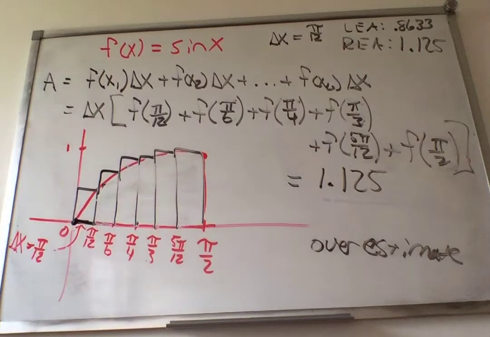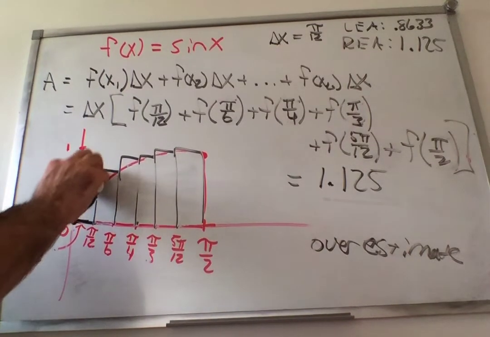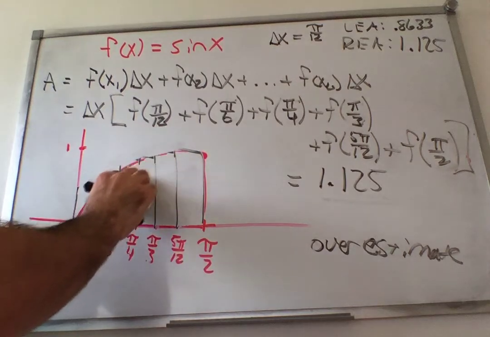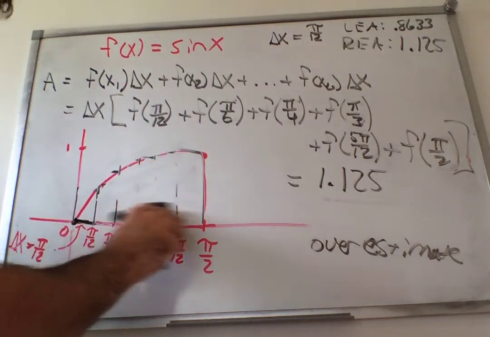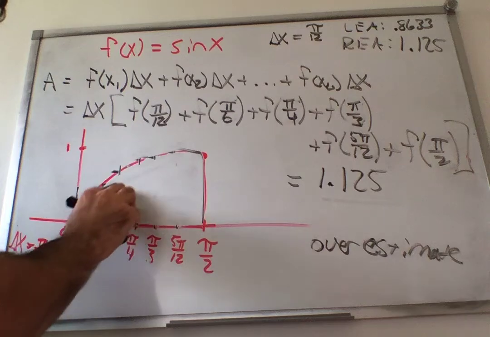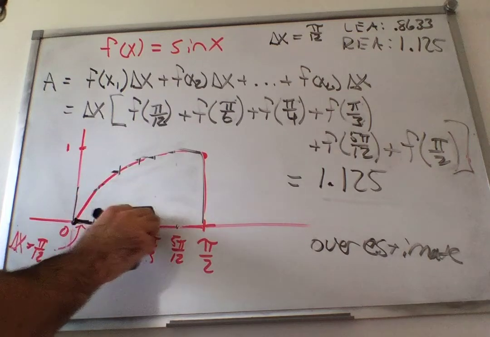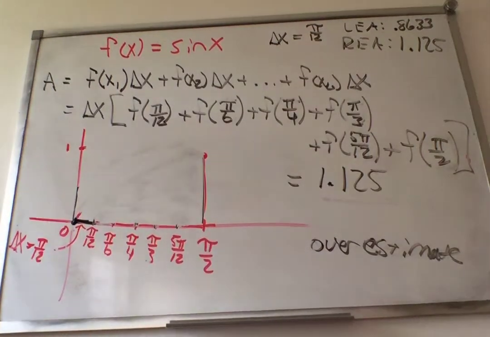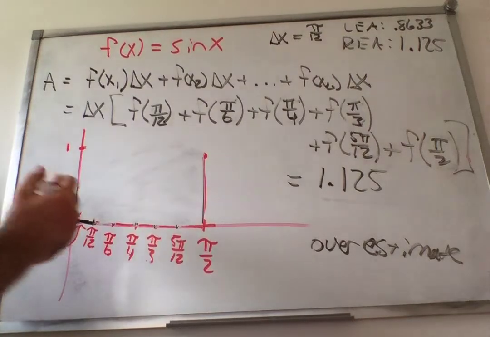Now, there's another method we can use. We did a left endpoint, we did a right endpoint. And I'll just redraw the curve. Let's go ahead and do a midpoint approximation.